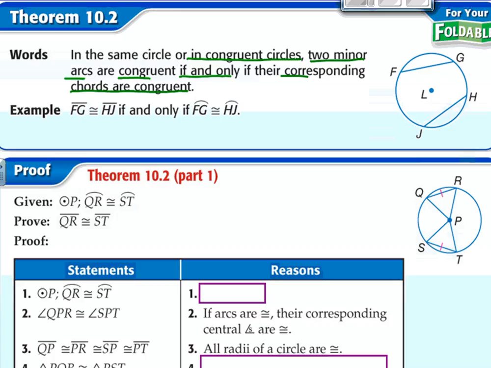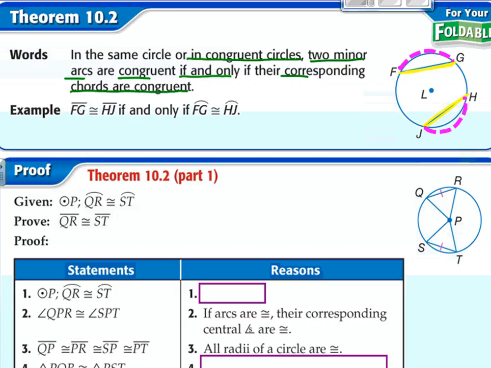So what this means is that if the segment from F to G is the same as the segment from J to H, then the piece of the circle from F to G is the same as the piece of the circle from J to H. And I'll be highlighting on these just so that we can see what I'm talking about as we go.